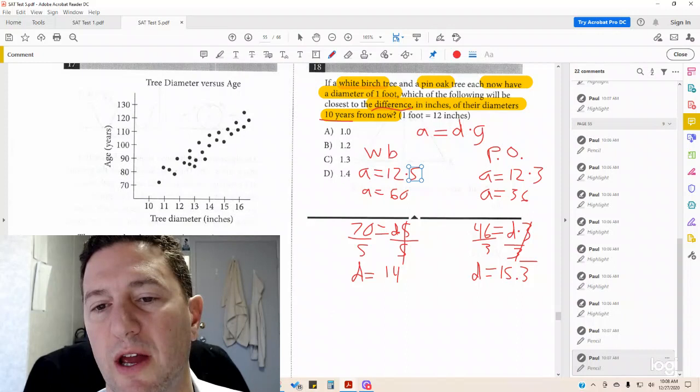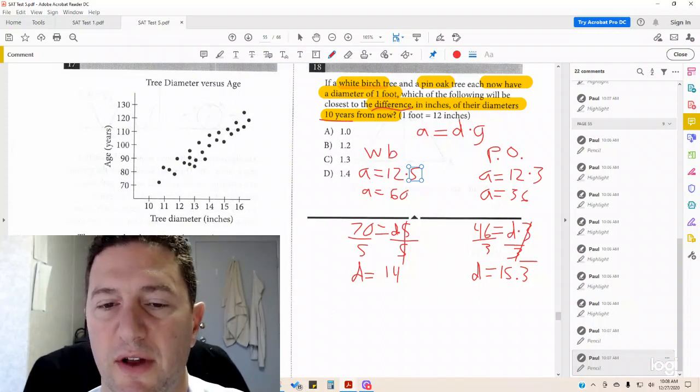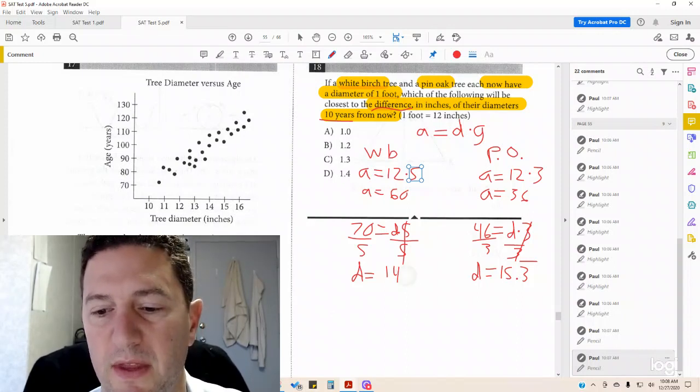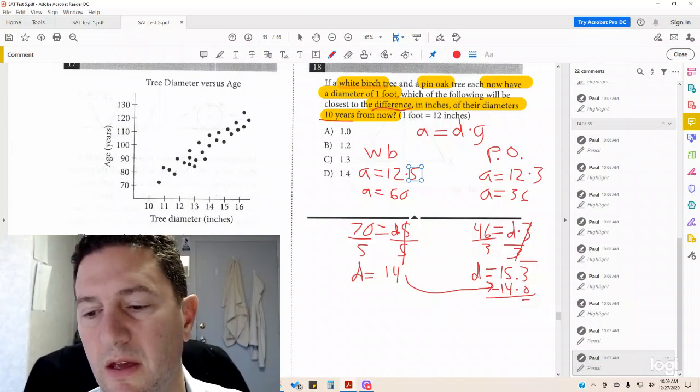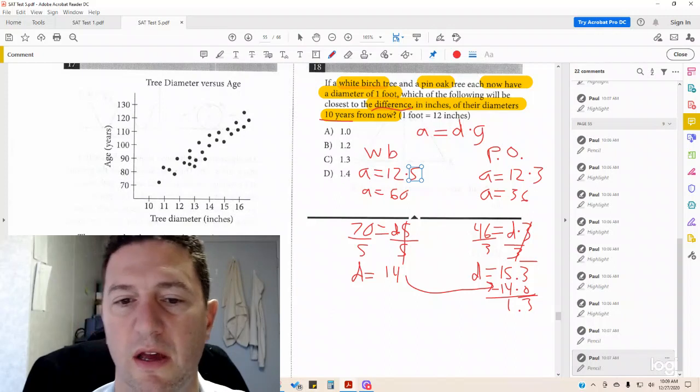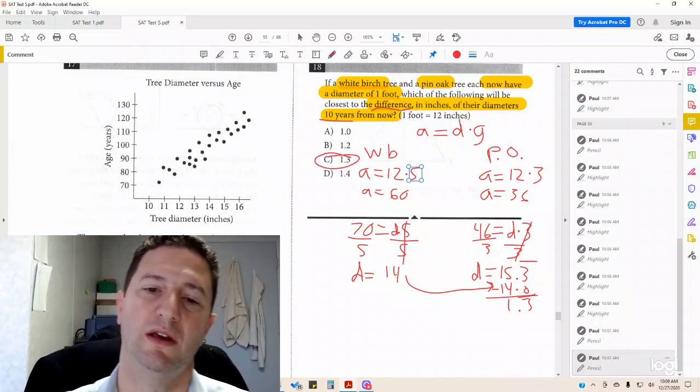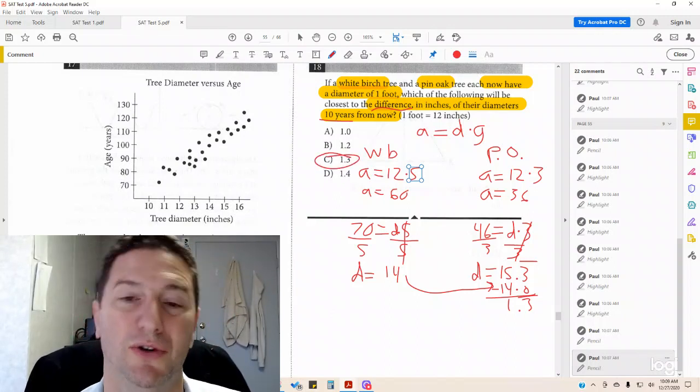Difference you're always subtracting. Difference in inches of their diameters 10 years from now. And so I've got to subtract their diameters. And that's 14.0. And we get a 0.3, we get a 1.3, and it's 1.3 repeated. The answer choice just says 1.3. Answer choice C is your answer here.